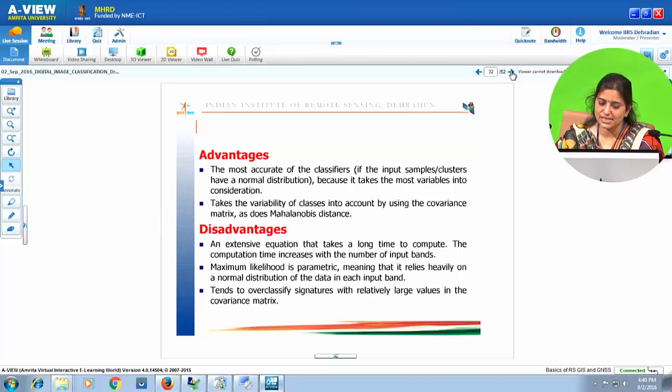The disadvantage is that it is an extensive equation that takes a long time to compute. The computing time increases as we increase the number of input bands. Maximum likelihood classifier is parametric in nature, meaning it relies heavily on normal distribution of data in each input band. It tends to overclassify signatures with relatively large values in the covariance matrix.